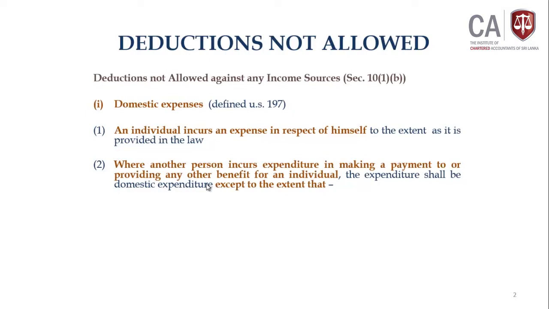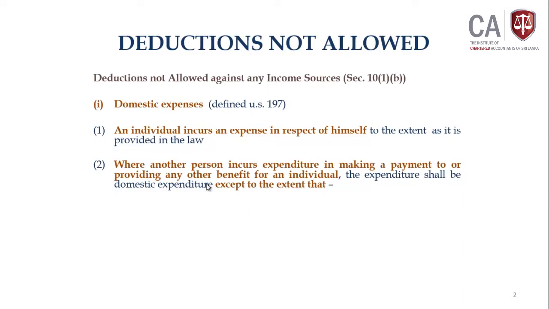There will be some other person, for example, a company. If the company incurs expenses in relation to an individual, the individual could be either an employee or somebody else. So, item 2 is relevant for the company tax. The expense is incurred by the company, but it is in relation to an employee or any other individual.